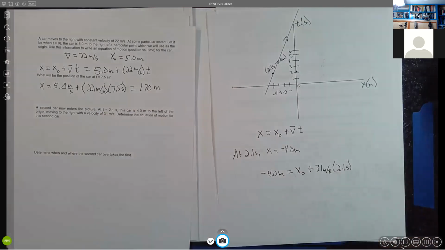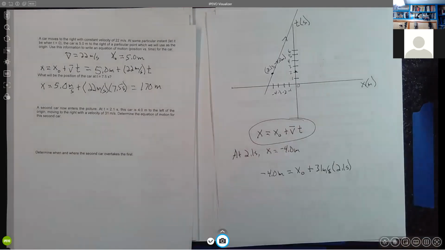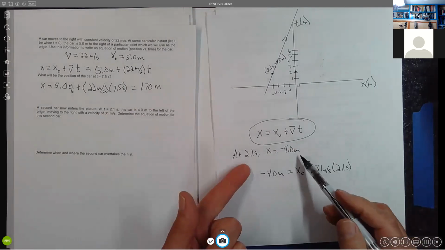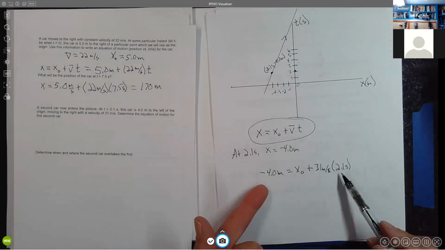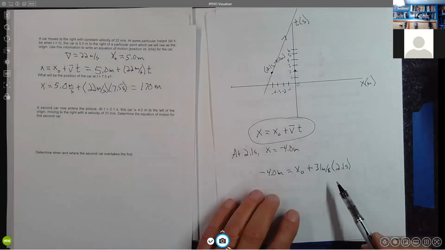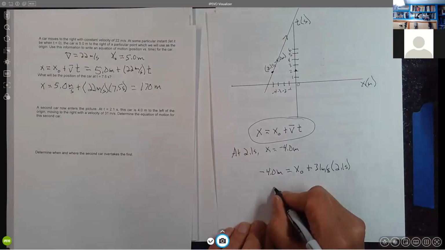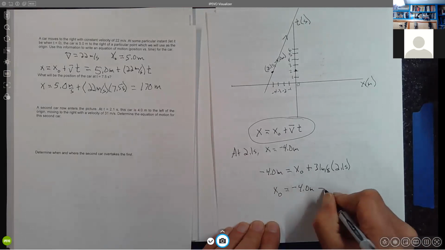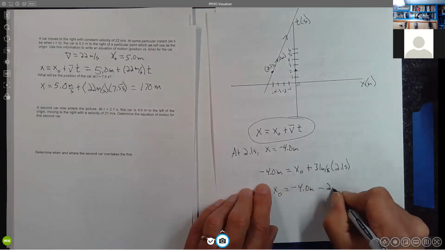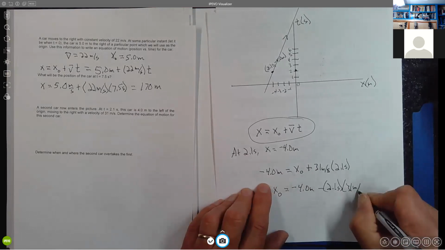Okay, so this was a puzzle that I had to solve. I know that this equation describes what it's doing, and I happen to be given where it was at a particular time, and so I was able to plug those into there and figure out the equation. So x naught is going to equal -4.0 meters minus 2.1 seconds times 31 meters per second.